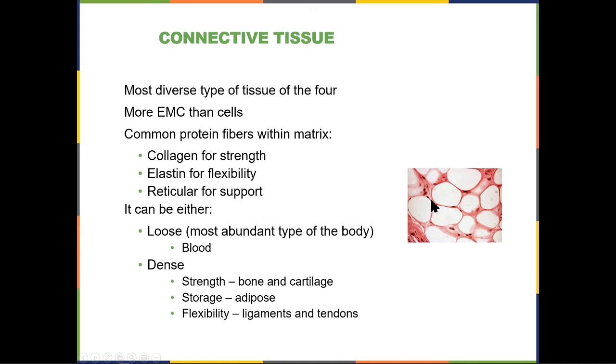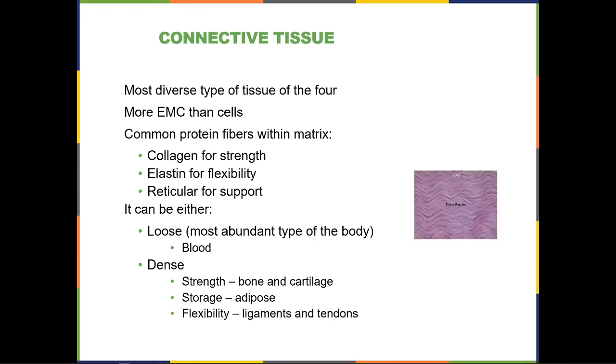And here's adipose tissue. Adipose tissue also falls under connective tissue. Adipose is your fat. So these are fat cells. These big white things are the fat vacuole inside the cell that's filled with the fat molecule. Here we are with, once again, another type of connective tissue.